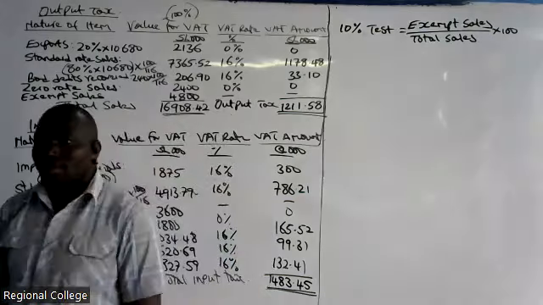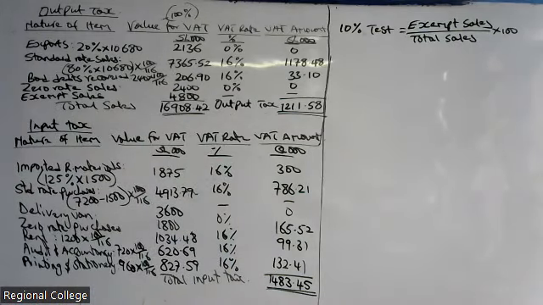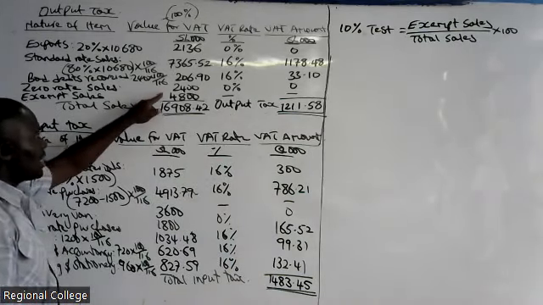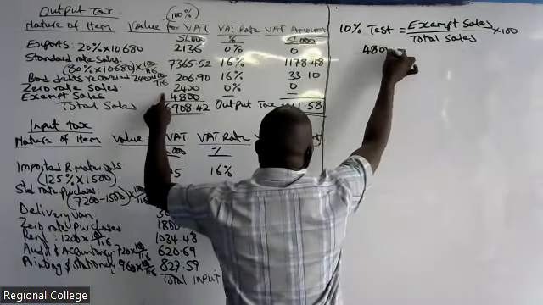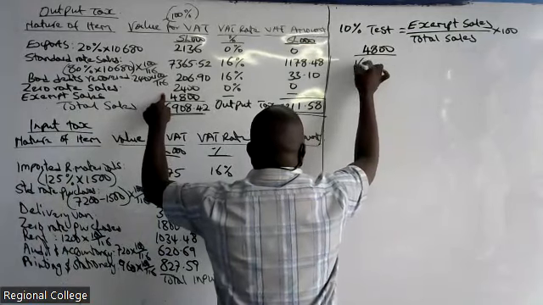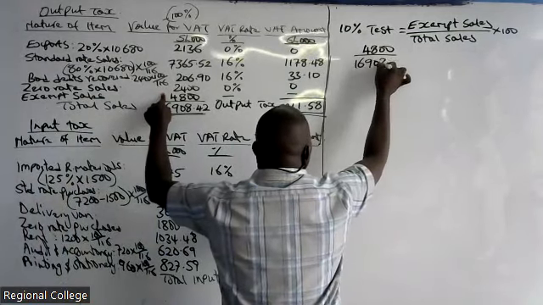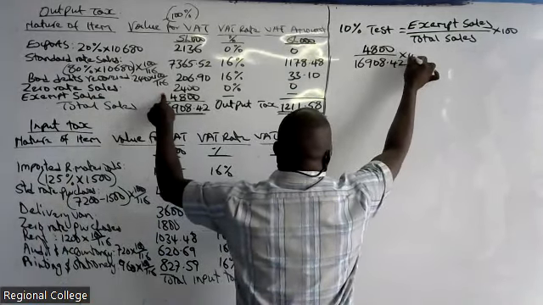How much will be the exempt sales? Exempt sales, let me copy. So 4,800 as a percentage of 16,908.42.